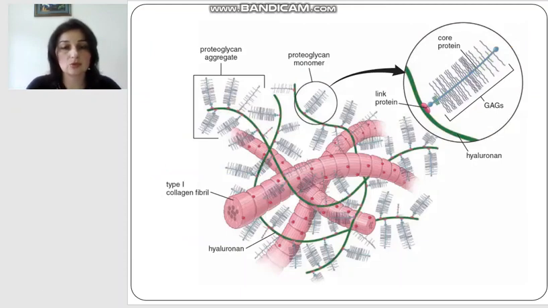Then here we also can see the collagen fibers and these aggrecan composites, proteoglycan composites. Here the hyaluronic acid chain, the green colored one. And now we'll talk about the glycoproteins. Pay attention here.